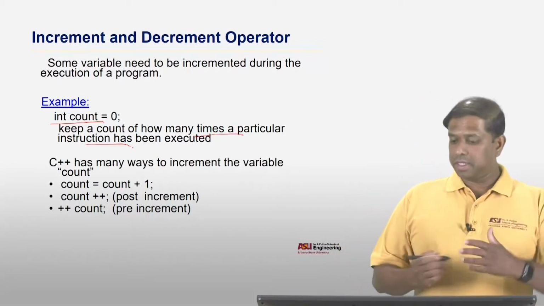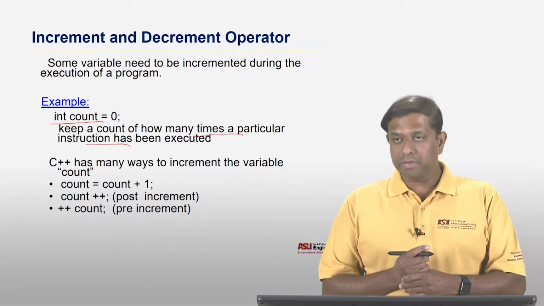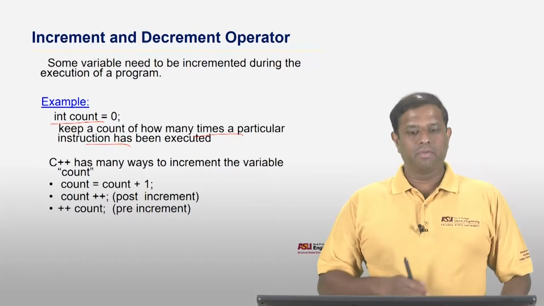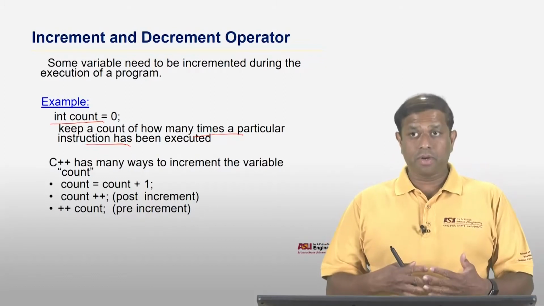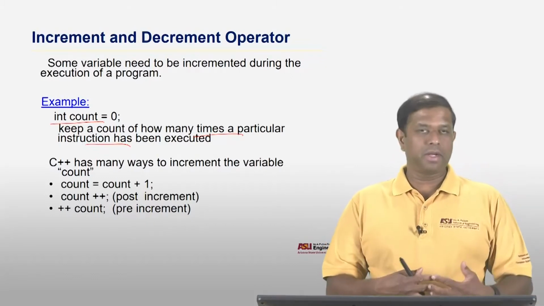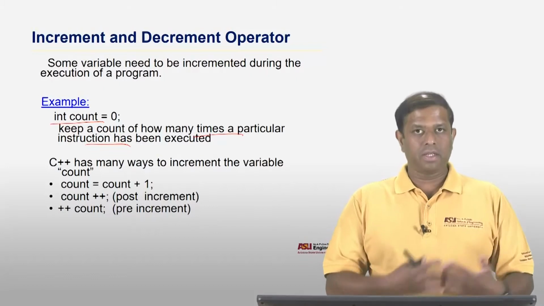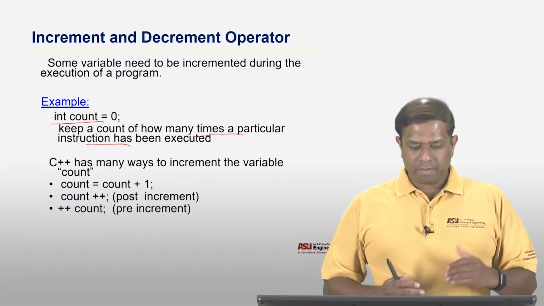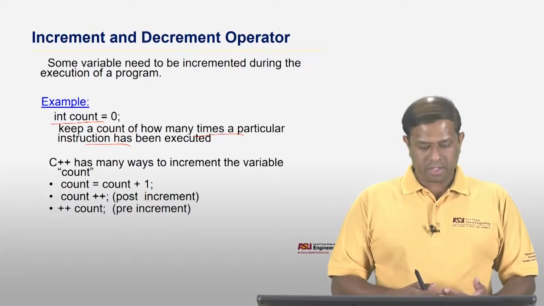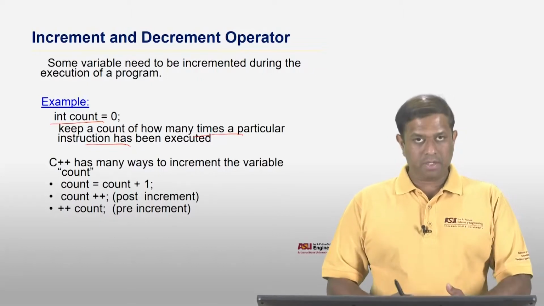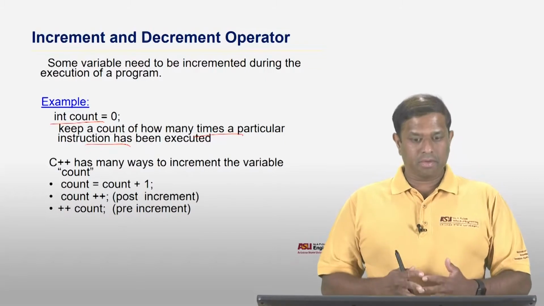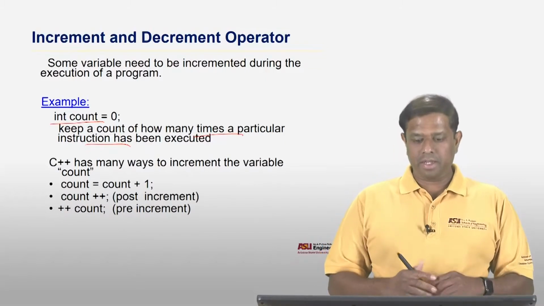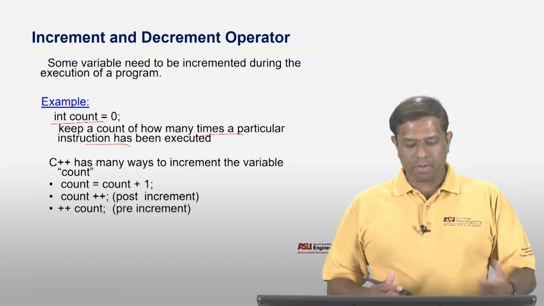This is a very useful construct in loops where we are going to repeat certain things over and over again. We might need to count how many times we have to repeat and how many times we have been repeating, and so on. Now if you have a counter variable like this, when a particular event happens, we need to increment the counter by 1 to indicate that the operation has happened one more time, right?